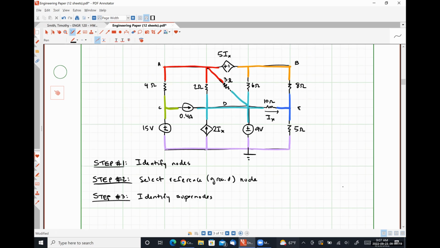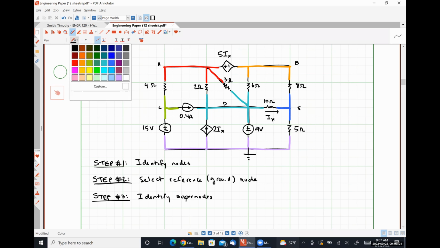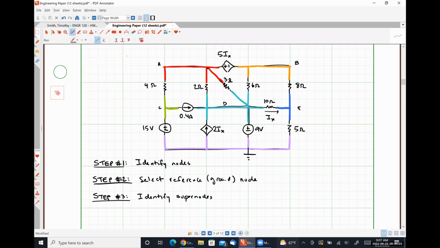Okay, so supernodes exist only when there are voltage sources, okay? And we use the supernode to encapsulate the voltage source so that the current flowing in and the current flowing out cancel each other, or the current flowing through the voltage source in both directions effectively cancels out.